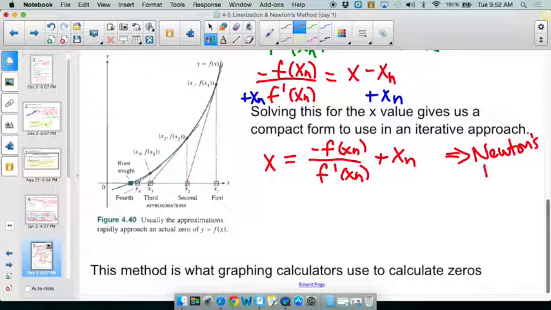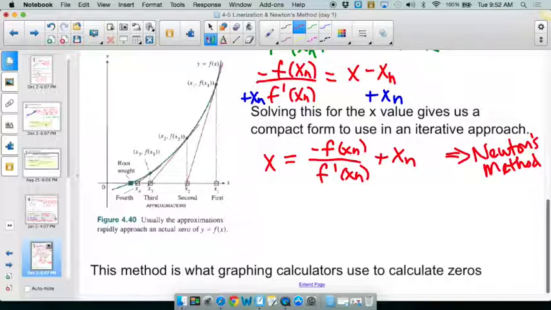So Newton's method is set up specifically with a 0 in the y location, because Newton's method is used for guessing zeros, or guessing roots. And as we solve to guess our roots, we have what we call an iterative process.